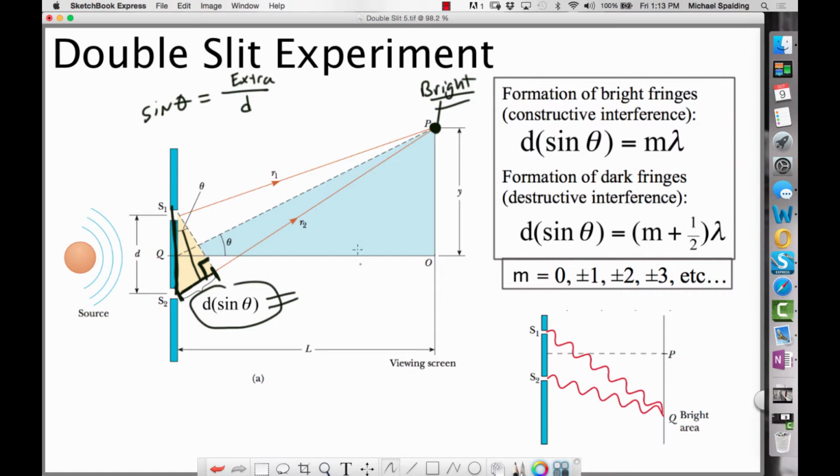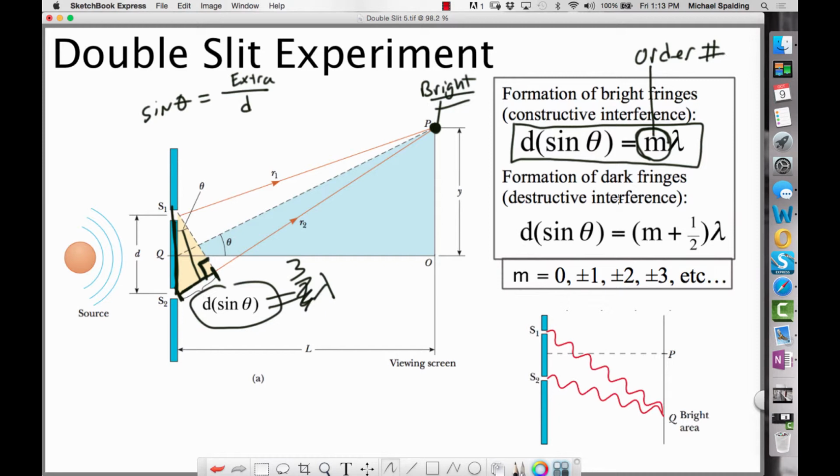A multiple of the wavelength. It's got to be 1 wavelength, or 2 wavelengths, or 3 wavelengths. So what we're talking about here is the fringe order. In this equation, for a bright spot, d sine theta has to be m lambda, where m is referred to as the order number. So like first order, second order, third order.